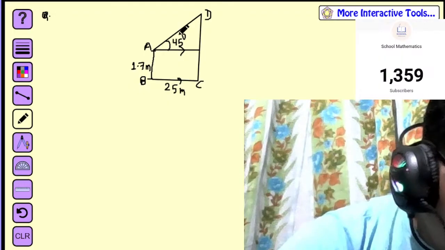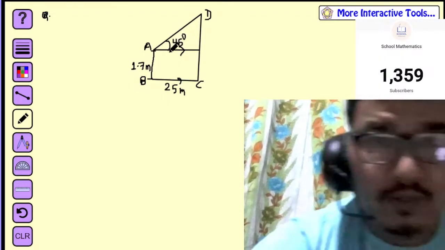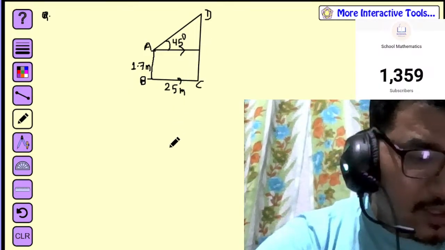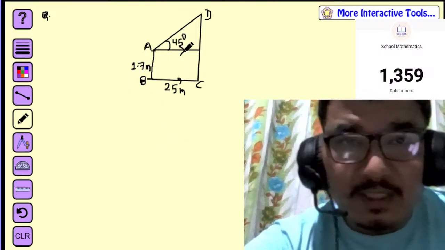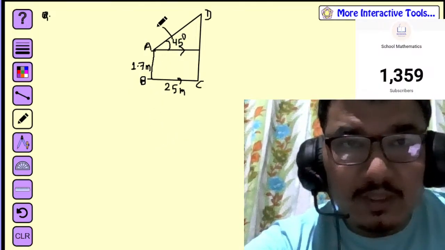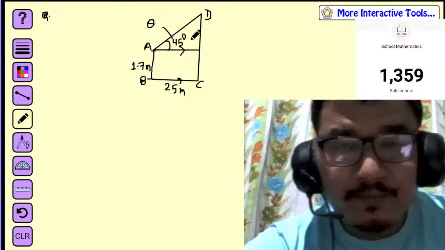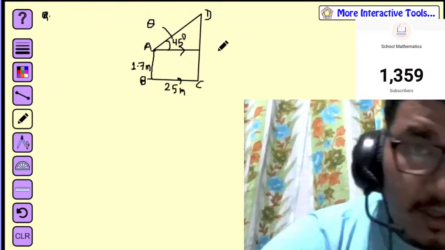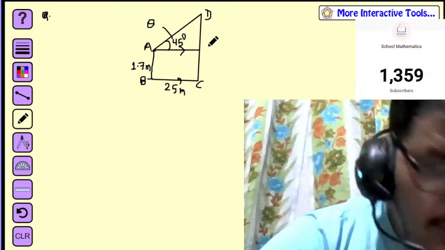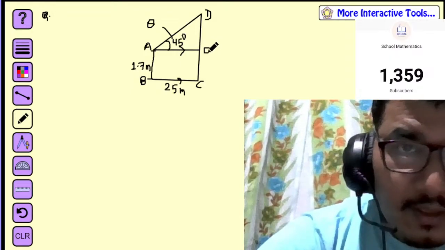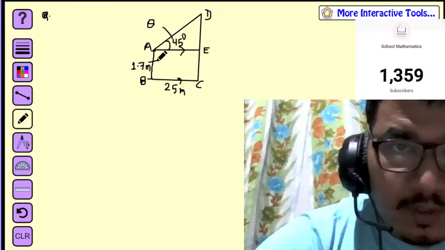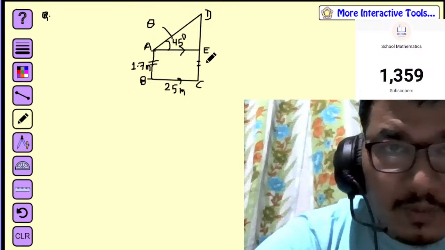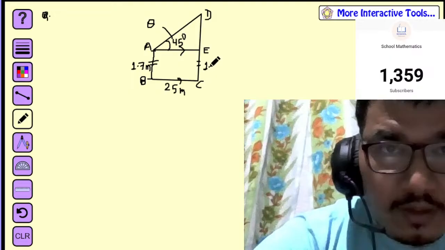And next one is given: what does tan theta represent in the adjoining figure? This angle is known as theta. Theta equals 45 degree. The name is given there as DC, and here is given E. As we know, the height of the man and this part of the tower are the same, so here will also be 1.7 meter.